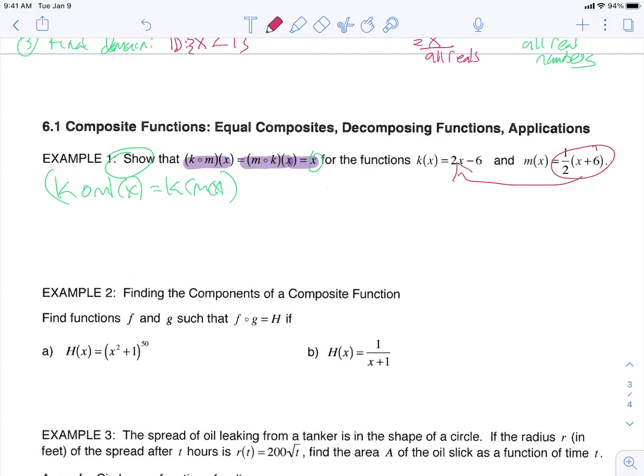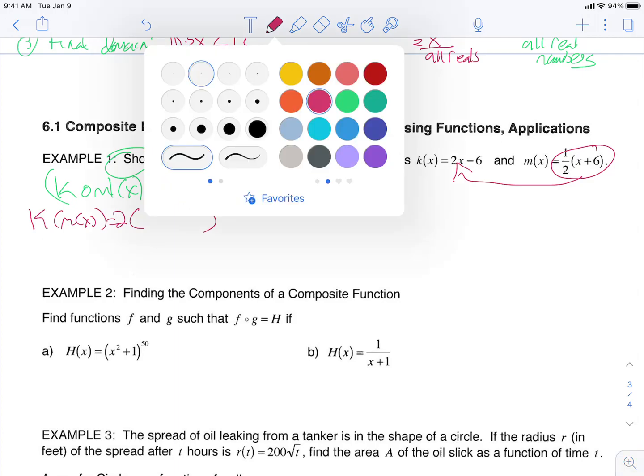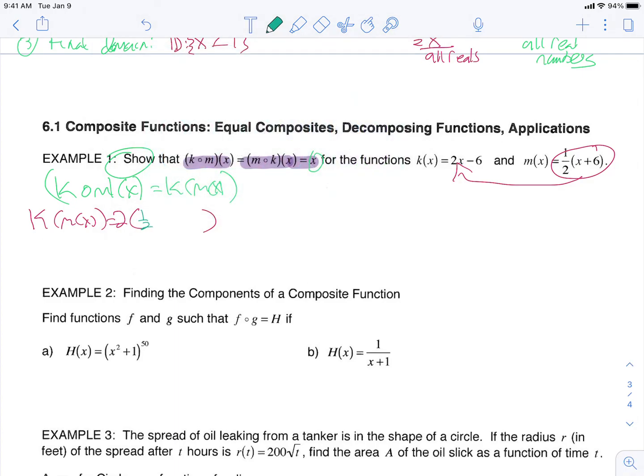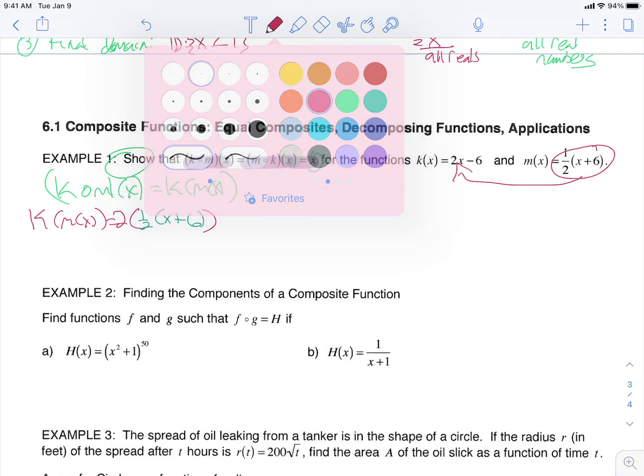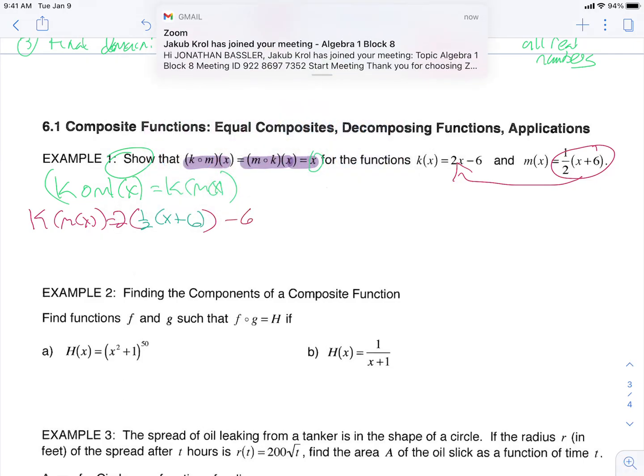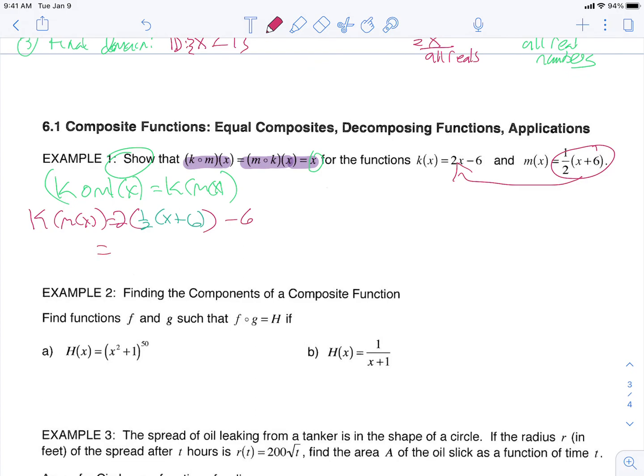So this is going to be k of m of x, 2 parentheses 1/2 times x plus 6 minus 6. So this is, 2 times 1/2 is just 1, right? And I'm left with x plus 6 minus 6. Well, plus 6 and minus 6, they eliminate each other, and I'm left with just x.